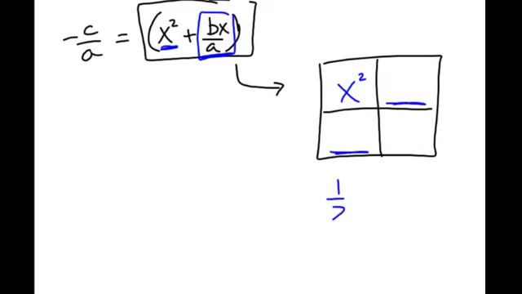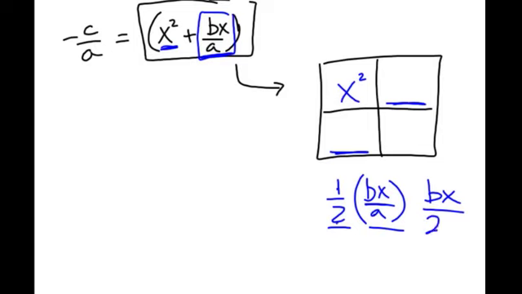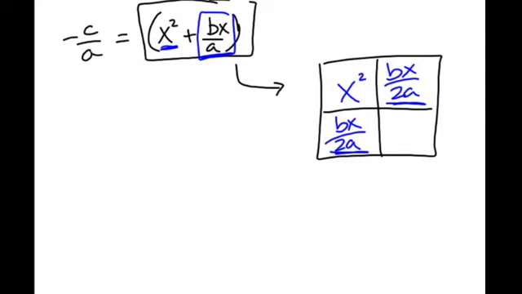So what is 1/2 of bx over a? Well, 1 times bx is bx, and 2 times a is 2a. Which means that I have bx over 2a here, bx over 2a there. Little tricky, but we can always do it backwards to show that it works.